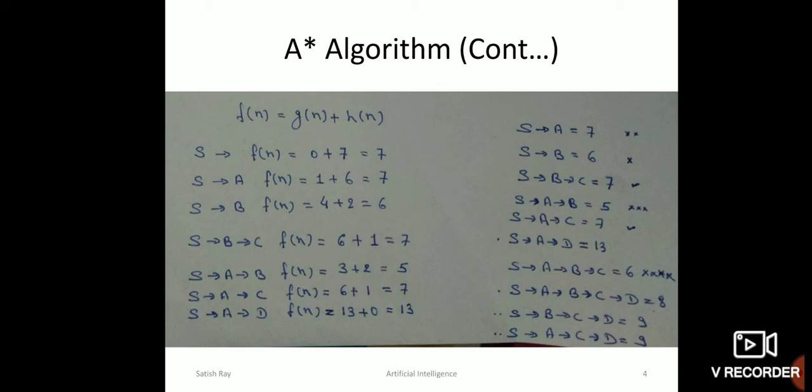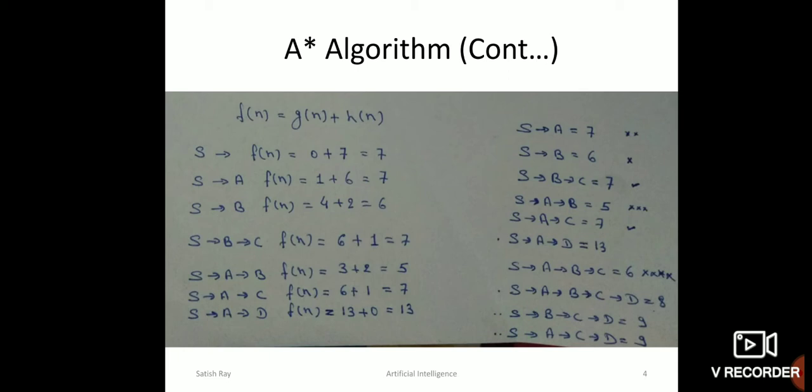So we have 4 paths which have node D. The first one is S to A to D equals 13. The second one is S to A to B to C to D equals 8. The third one is S to B to C to D, it is 9. S to A to C to D equals 9.